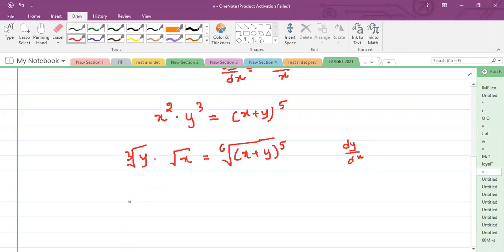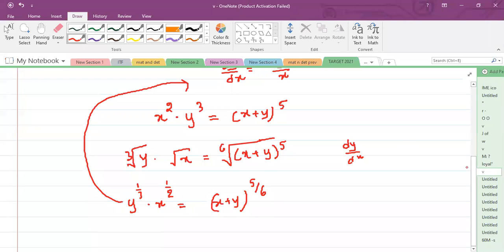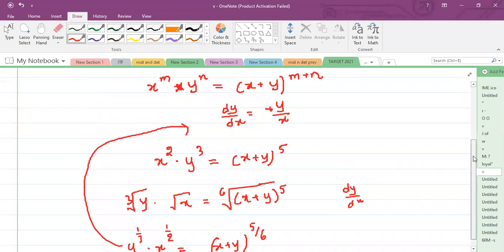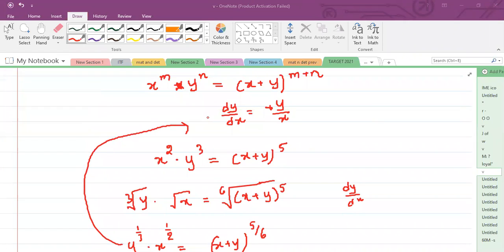If you simplify, it is y raised to 1 by 3 into x raised to 1 by 2 is equal to x plus y raised to 5 by 6. Therefore, it is definitely the above form. Immediately you can say the answer will be y by x. The options were y by x, x by y, x plus y, x minus y.